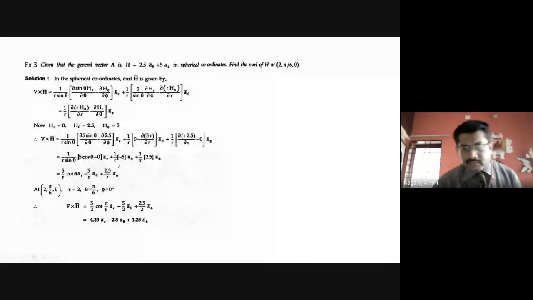They are given r, phi and z coordinates: r is 2, phi is pi by 4 and z equal to 0, at 2 comma pi by 4 comma 0. Therefore del cross A bar will be equal to sine of 2 into pi by 4, divided by r, which is 2. So it is sine of 2 into pi by 4, the 2 and 2 will cancel, sine of pi by 2.